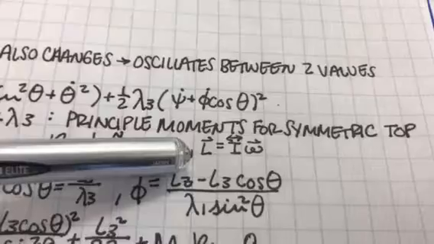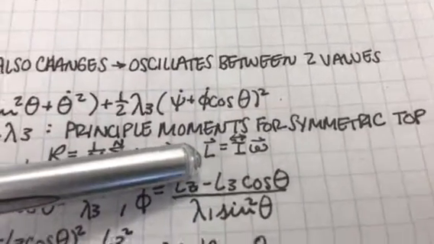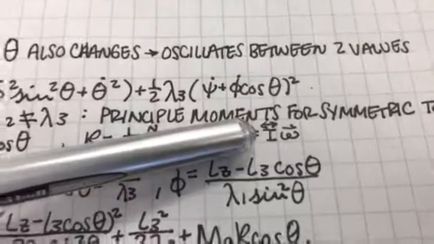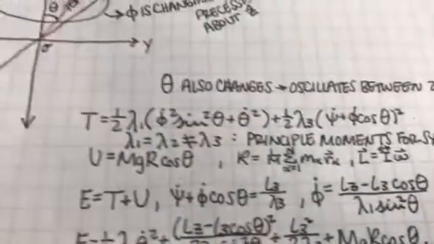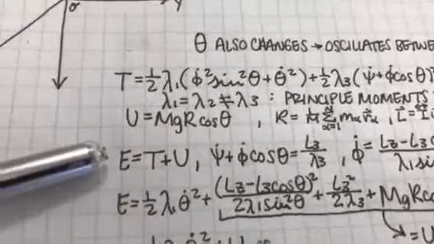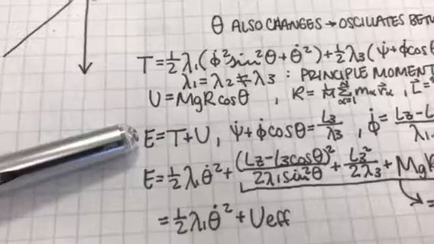And the angular momentum formula is given by the inertia tensor times the angular velocity vector. So the total energy we know to be kinetic energy plus potential energy.